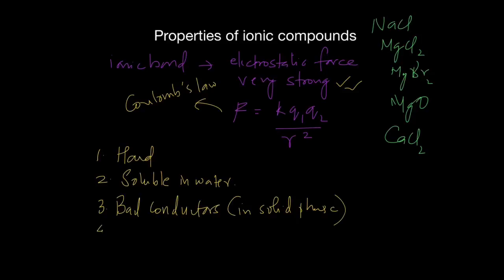But when we dissolve them in water, they become good conductors. This happens because now, since the force is reduced in water, therefore the ions can easily move around. So these are some of the properties of ionic compounds that you should keep in mind.